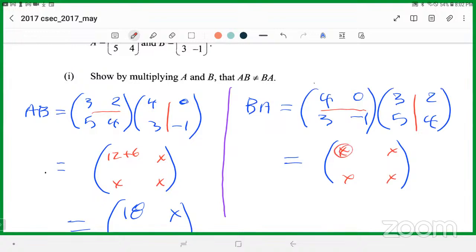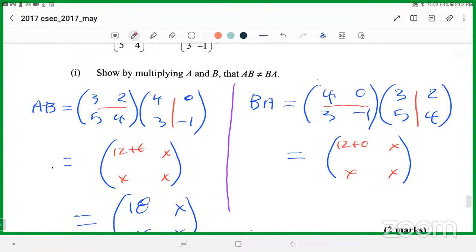The first value is in the first row and the first column. So I'm multiplying this first row by this first column. First element times first element, second element times second element. 4 times 3 and 0 times 5. 4 times 3 is 12. 0 times 5 is 0.